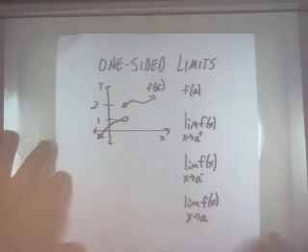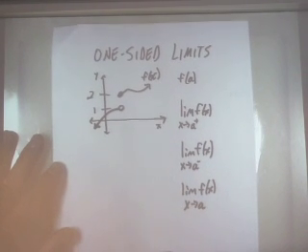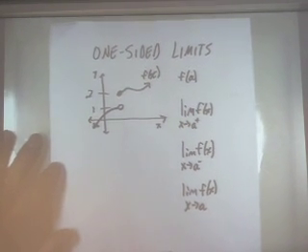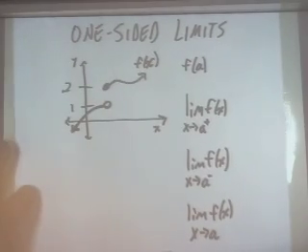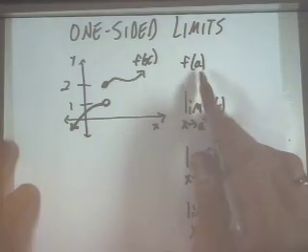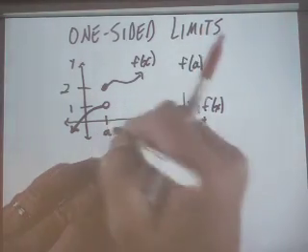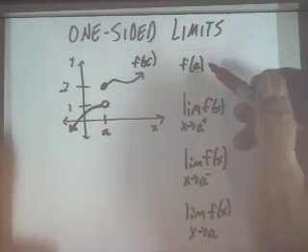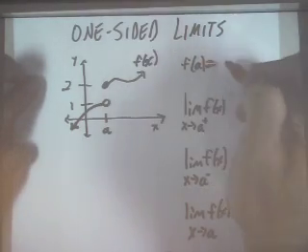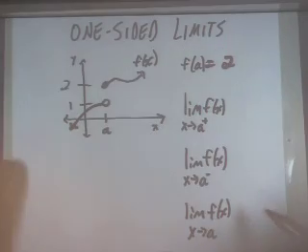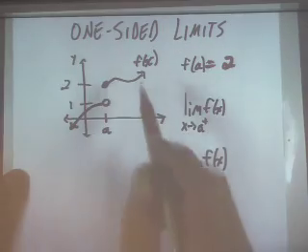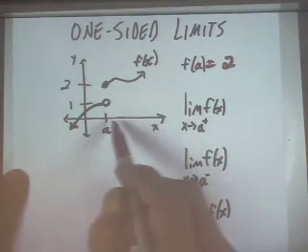Now let's talk about one-sided limits. Let's look at this function f of x. We see that the value of the function at a, if this is our a value right here, is that f of a is 2. But what does the function approach as you approach a from the right?